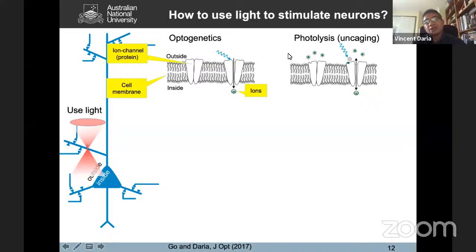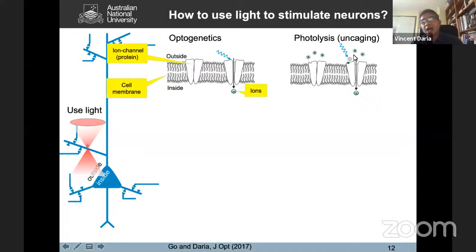Another way to stimulate neurons using light is by using a chemical that's already used by the brain, but you apply a chemical cage. So the gray surrounding here is actually a chemical cage. If you shine light on it, the chemical cage gets released. The green one is the neurotransmitter; it gets released by the cage.